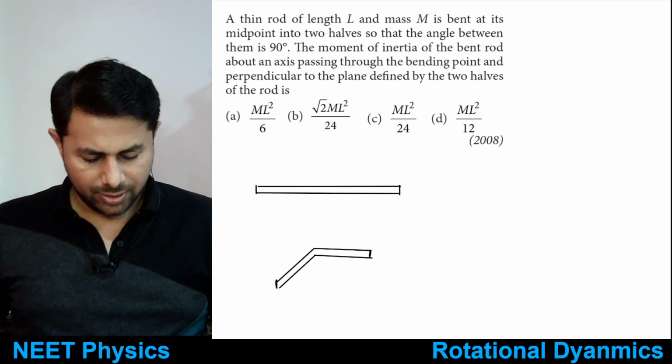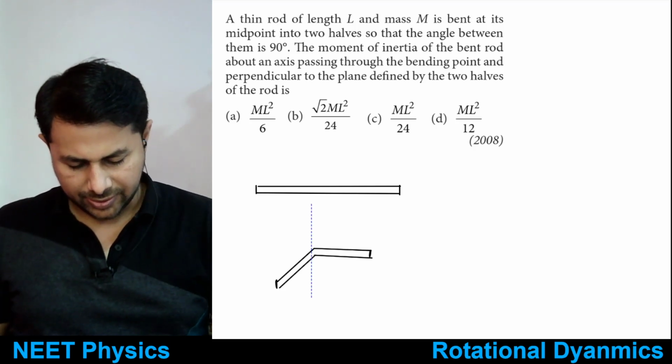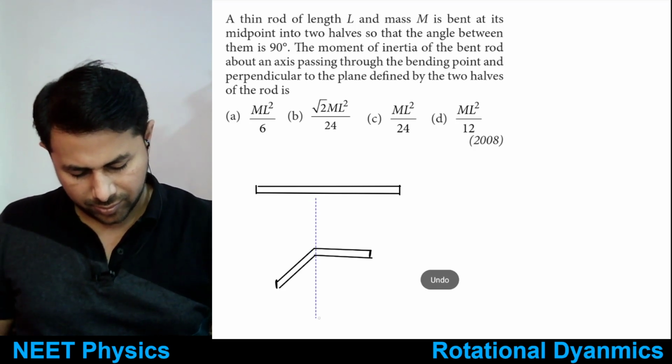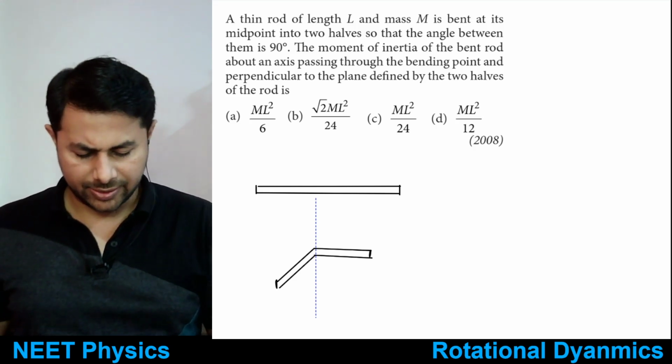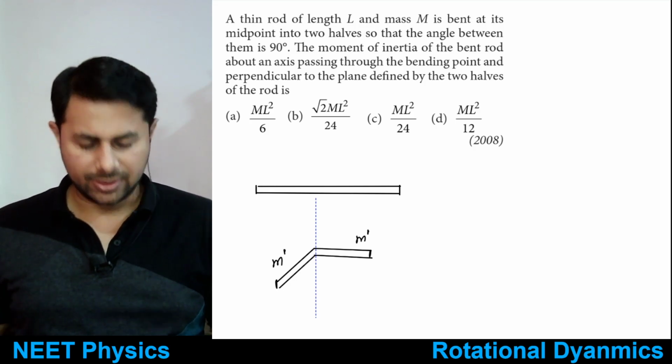Right, so then you want to find its moment of inertia about a perpendicular axis like this. So then the mass of this part is, suppose, m dash, and the mass of this part is m dash.